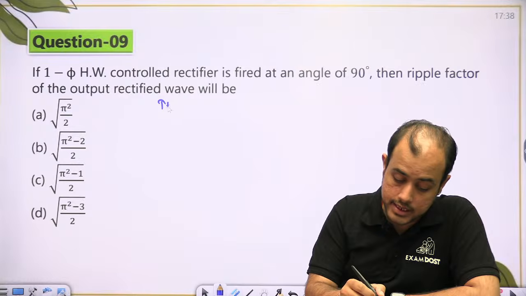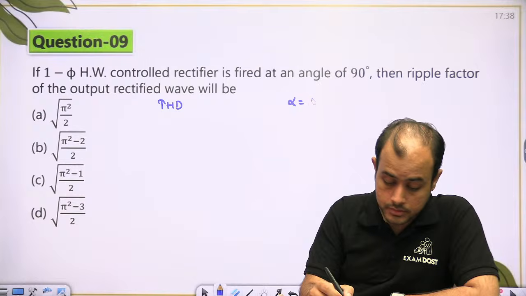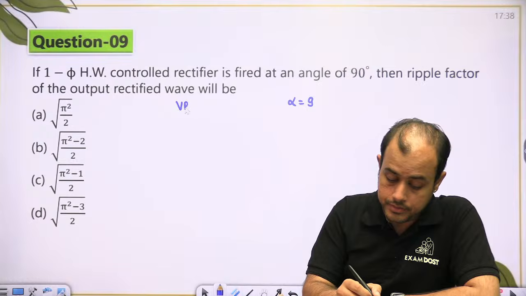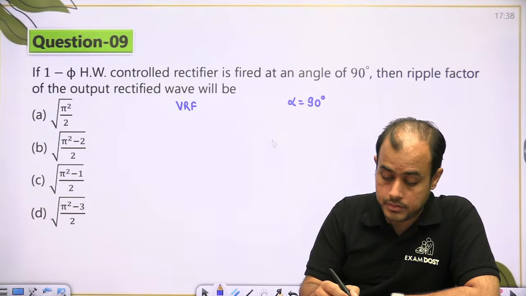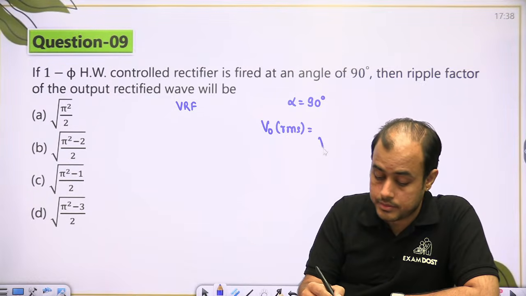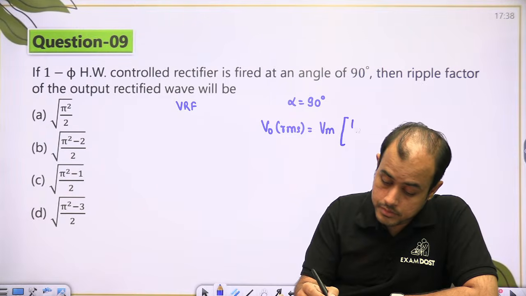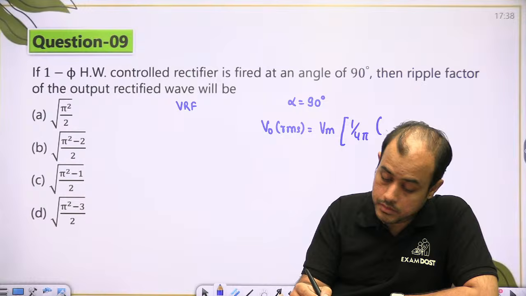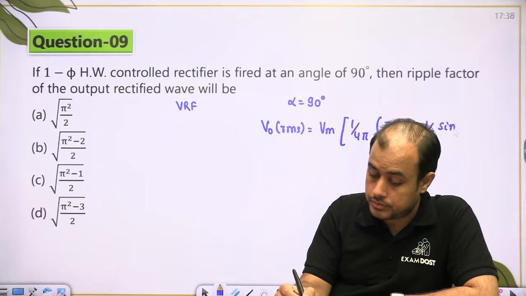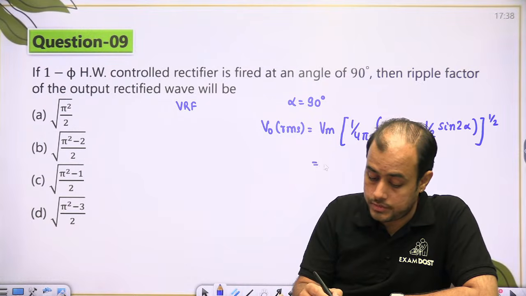Ripple factor of the output rectified wave. Ripple factor means THD. आउटपुट वेव का ना TRF. V naught RMS. sin 180 will be 0, pi by 2.